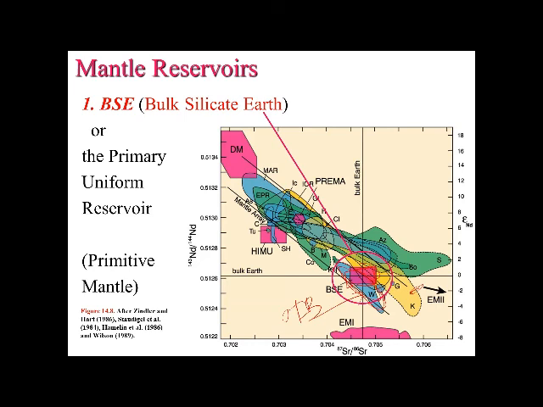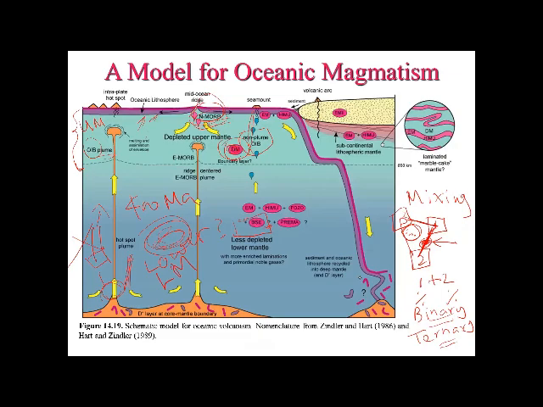So what is the implication of that? The implication is that the bulk silicate earth can be equivalent to some of the OIBs. Some, not all. Some OIBs are probably products of melting of the bulk silicate earth reservoir, which is available intact in the lower mantle region.